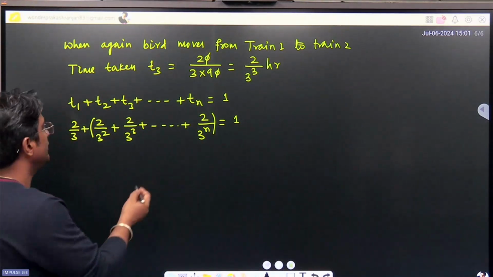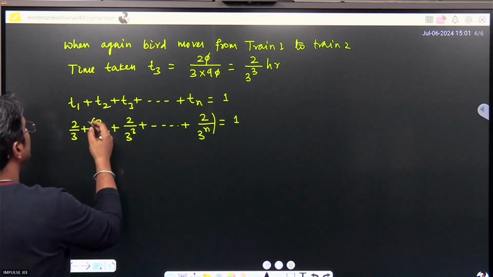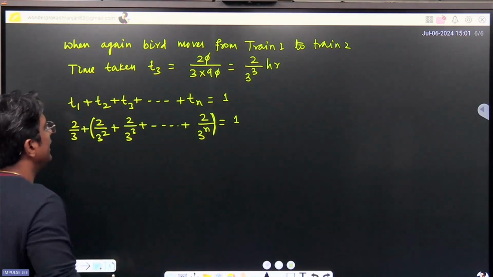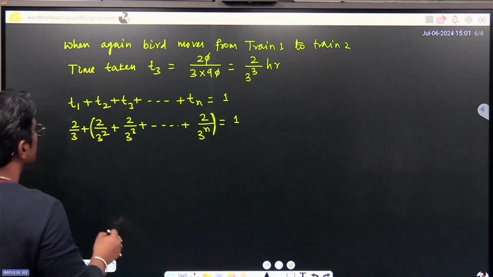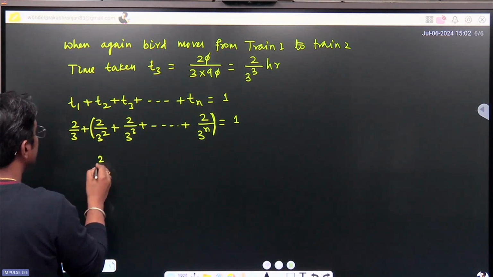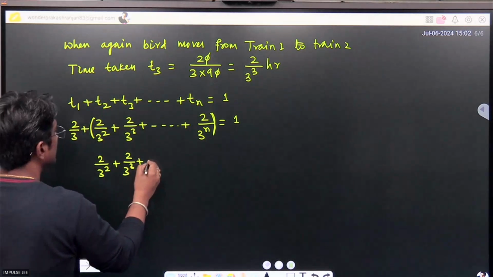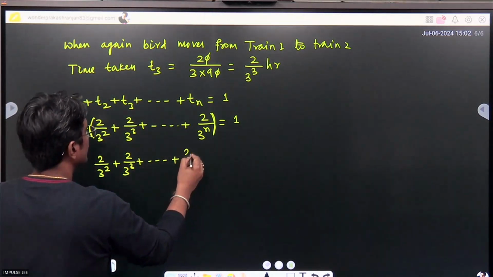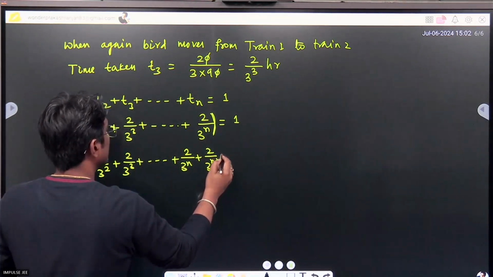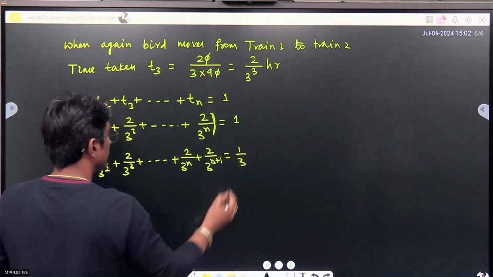So now we have this GP sum, in which if we find the value of this, then this can be written as 1 minus 2 by 3. That will come 1 by 3. So if we eliminate the first term and start writing with the second term to simplify this, then we can write in this way. One by 3.